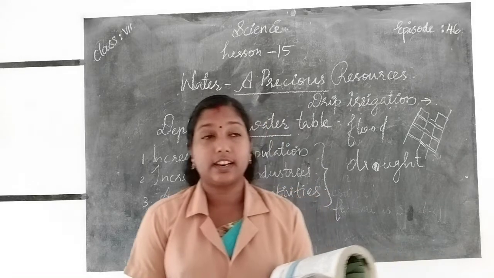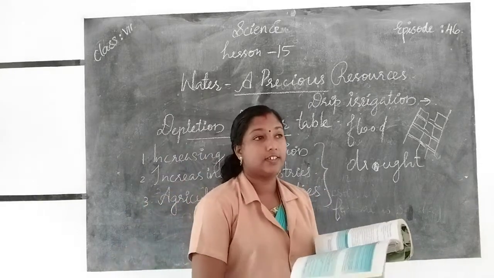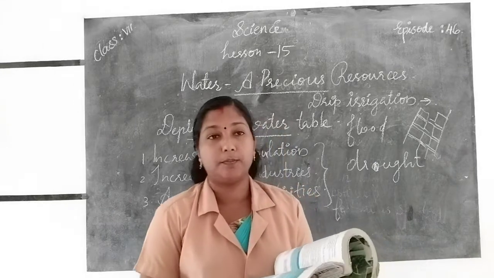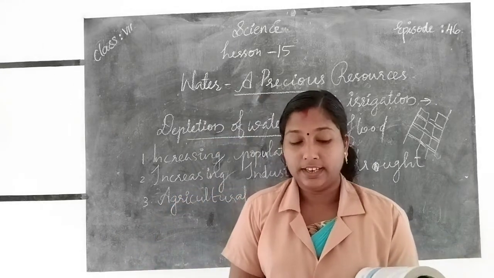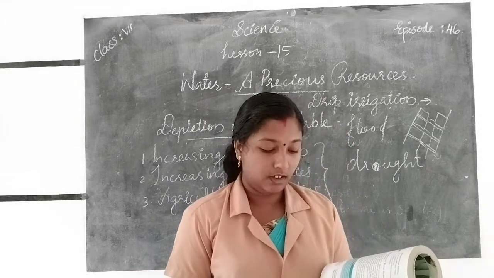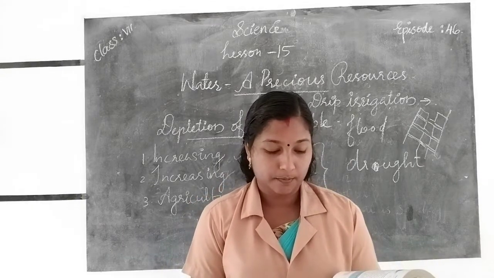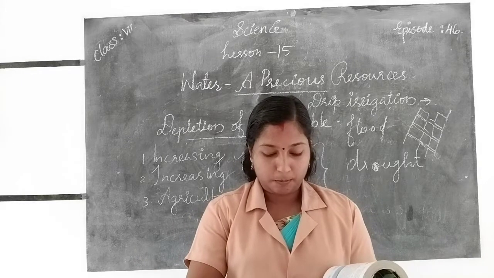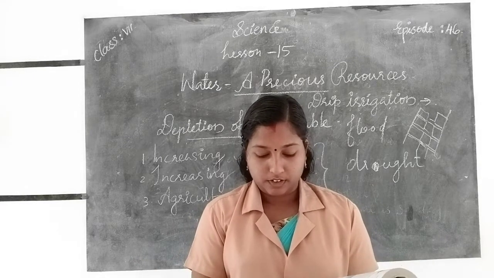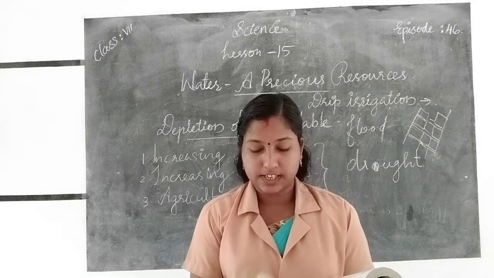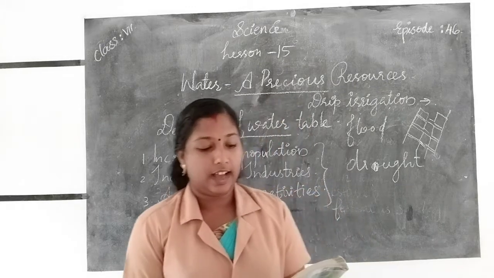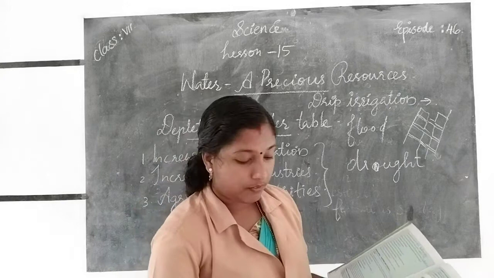Explain how groundwater is recharged. Through rainwater harvesting we can recharge our groundwater. By maintaining vegetation, we can recharge groundwater, etc. Next, fill in the blanks. People obtain groundwater from hand pumps and tube wells. Which are the three forms of water?